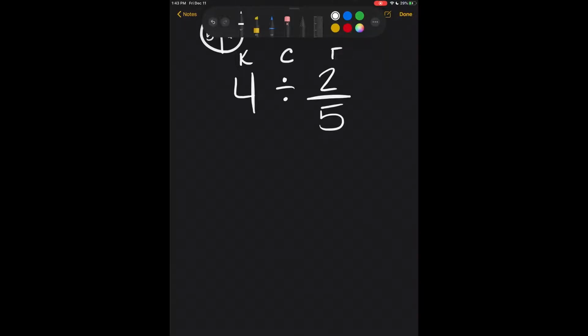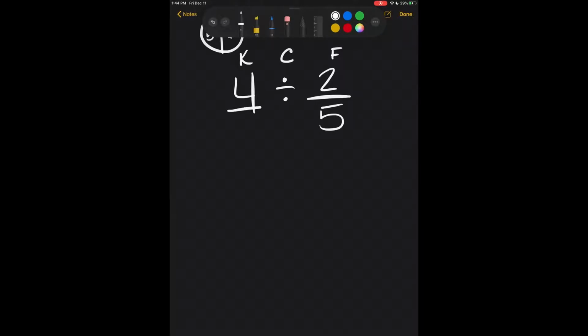Now let's try another problem. Let's say we've got 4 divided by 2/5. So remember, keep, change, flip. So we can even write that above. Remember, KCF. So we keep the first number, change our division to multiplication, and then flip our second number.